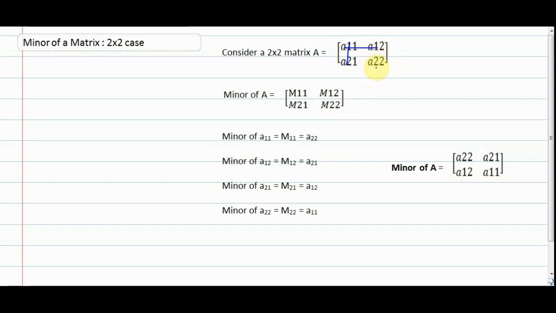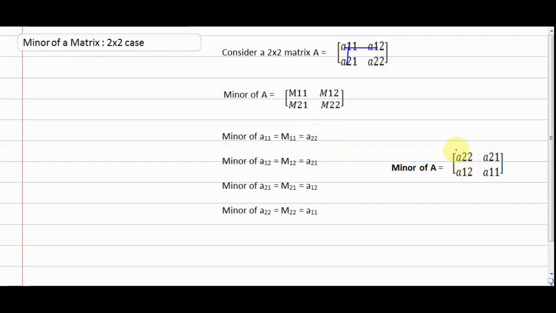So find out determinant of the matrix containing A22. We will get the minor value corresponding to A11. So if you calculate determinant of the matrix containing A22 alone, you will get A22 itself. So minor of A11 is equal to A22. So replace A11 with A22.